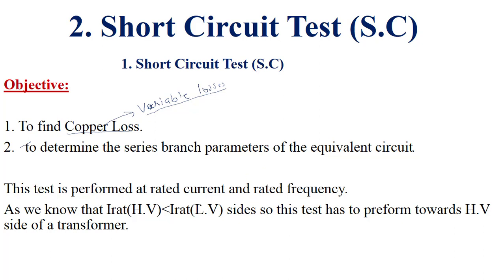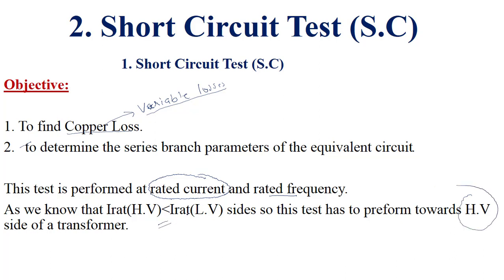The thing that we have to remember is this test is performed at rated current. This test must be performed at rated current because we are talking about the copper losses, and at rated frequency. As we know, I rated on the high voltage side is less than I rated on the low voltage side, so this test has to be performed on the high voltage side. What does it mean?